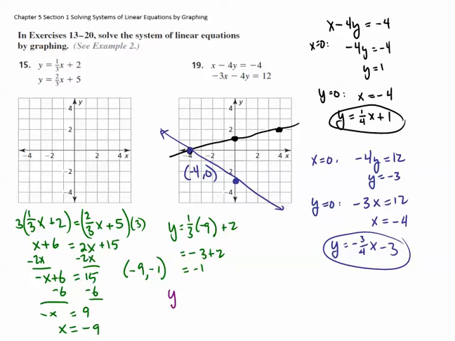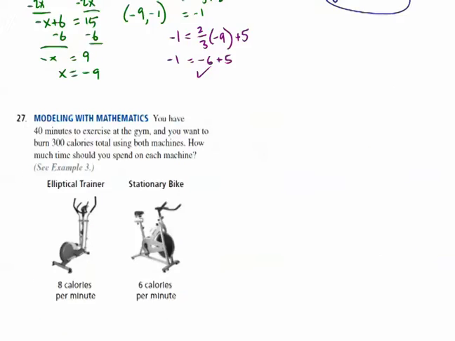If y is equal to negative 1, does that equal 2/3 times negative 9 plus 5? 2/3 times negative 9 is negative 6 plus 5, which does equal negative 1, and so that checks. All right, so our solution in this first example would have been x is negative 9, y is negative 1. All right, we'll go on from there.